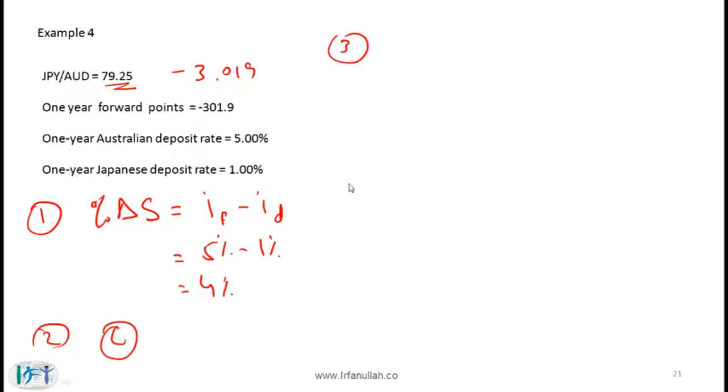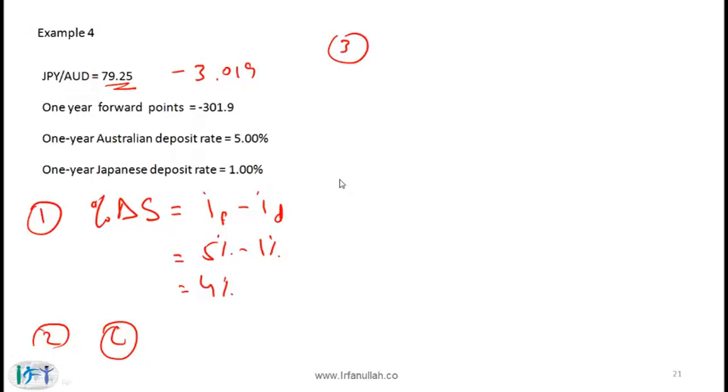Then question 3, using forward points to forecast the future Japanese yen to Australian dollar spot rate 1 year ahead assumes that A, investors are risk neutral, B, spot rates follow a random walk, and C, it is not necessary for uncovered interest rate parity to hold.